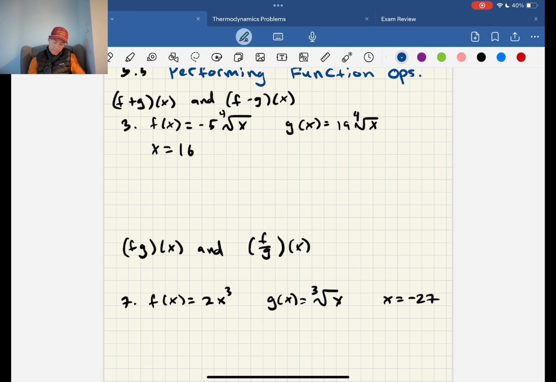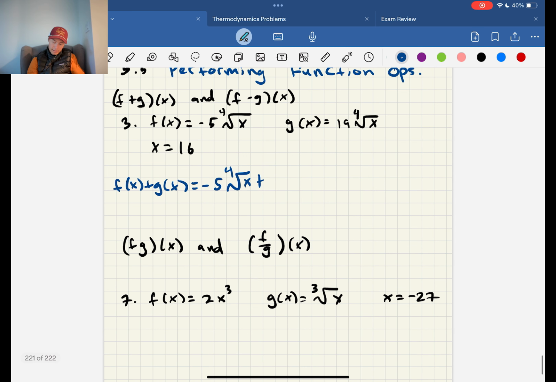So we'll start with f plus g of x, f of x plus g of x. That's -5 4th root x plus 19 4th root x. That just becomes 14 4th root x. Okay. Then we'll do f of x minus g of x.